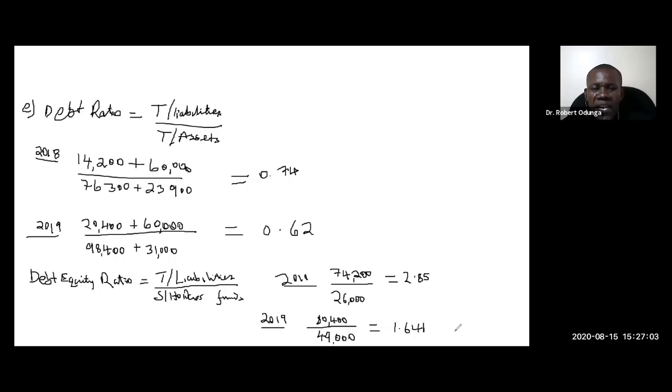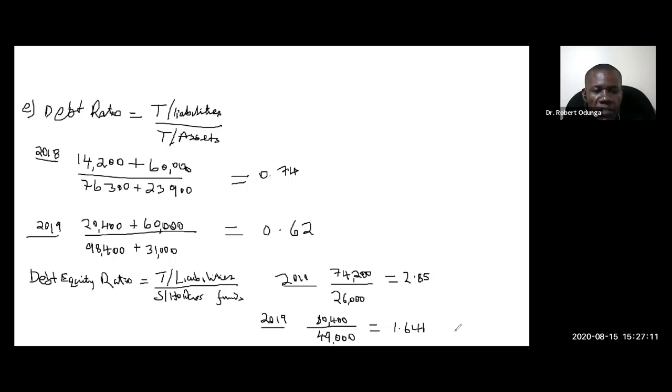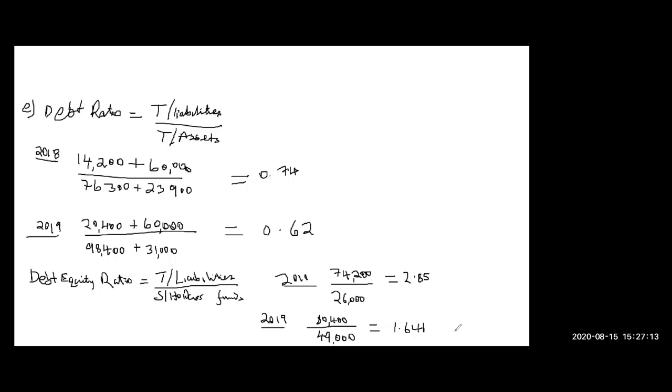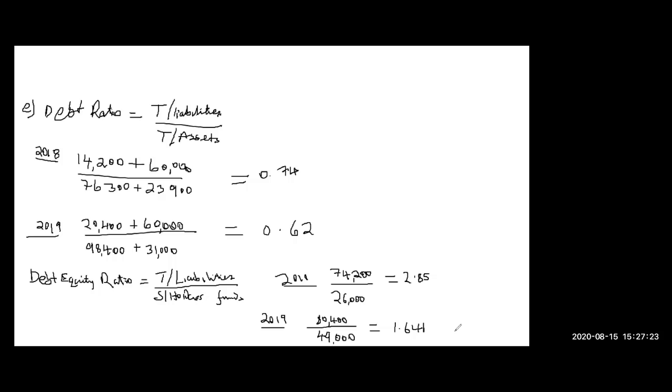What is the meaning of these figures we have computed? For 2018, we have 2.89. That is the debt to equity ratio. And then in 2019, we have 1.64. So where are we? Are we doing better or are we doing worse? We are doing better. Why?